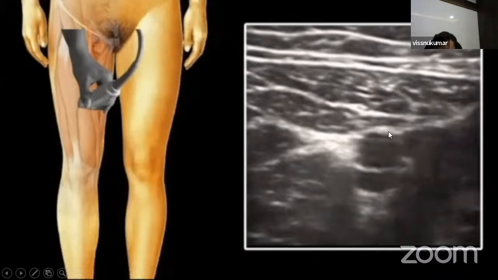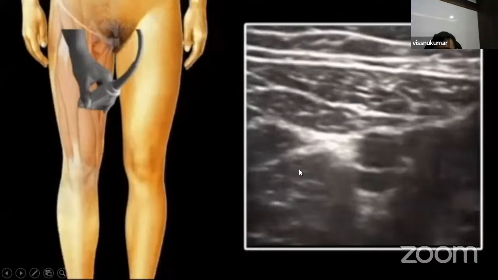So here you see the sartorius muscle, and this is the femoral artery, femoral vein, and here you see the nerves. This is the saphenous nerve and the nerve to vastus medialis, and we have a membrane, the fascia.